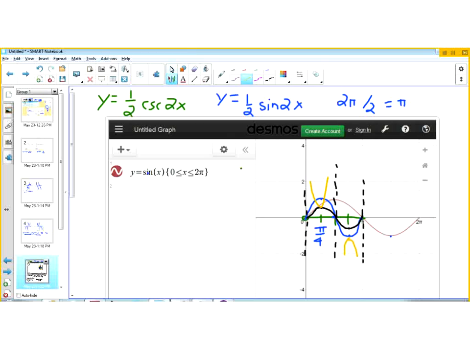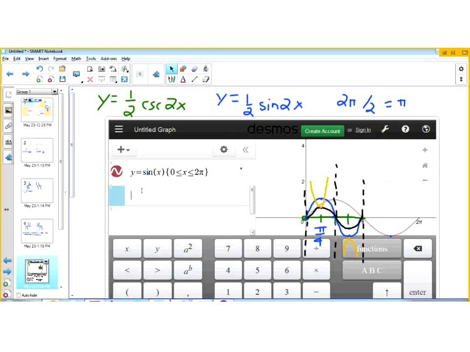Okay, so we can validate that perhaps by seeing if the yellow curve matches up with what the computer will say. So we want y is equal to 0.5 times the cosecant of 2x, and we want to just look at it on one period.